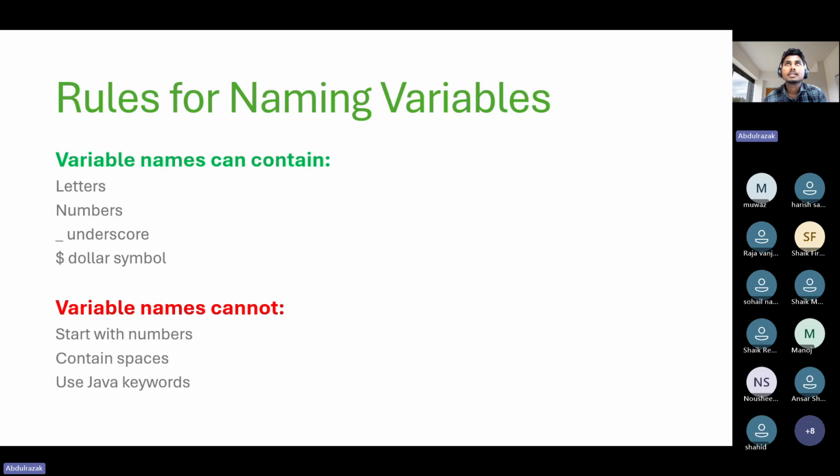For example, static is one keyword, final is one keyword, super is one keyword, this is one keyword. These cannot be accepted as variable names. The compiler will throw an error. So these are the rules for naming the variables.